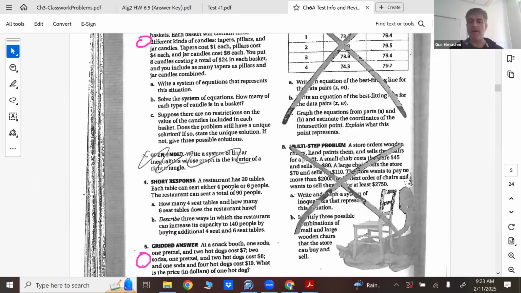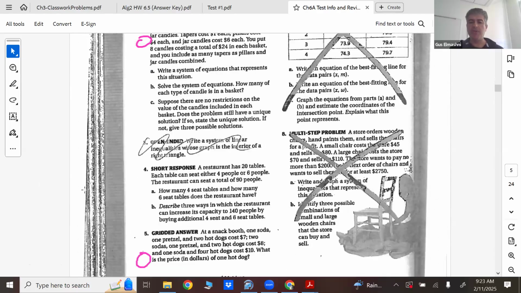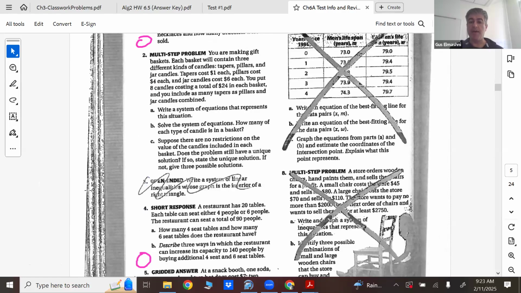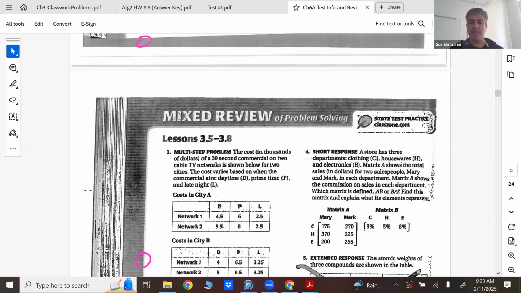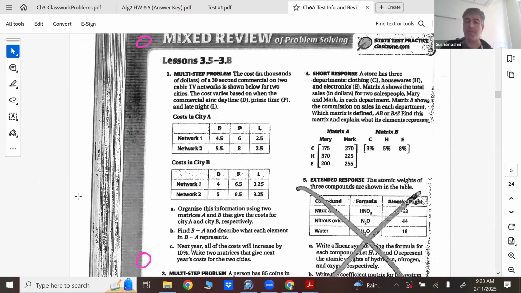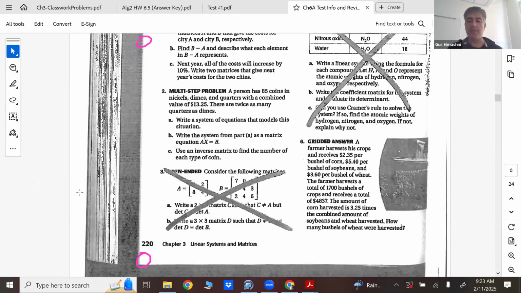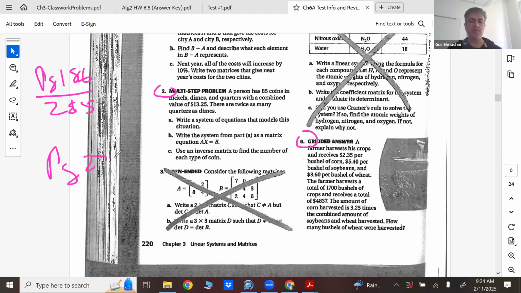So guys, on page 186, do 2 and 5, and ask questions about them on Zoom tonight, or if you want to stick around for office hours. And then for here, I say 2 and 6 on page 220. I'm writing on the screen, guys, so you know: page 186, numbers 2 and 5; 220, 2 and 6.